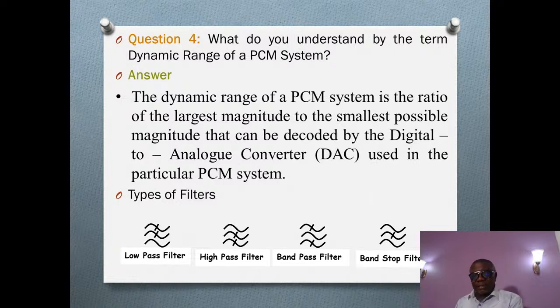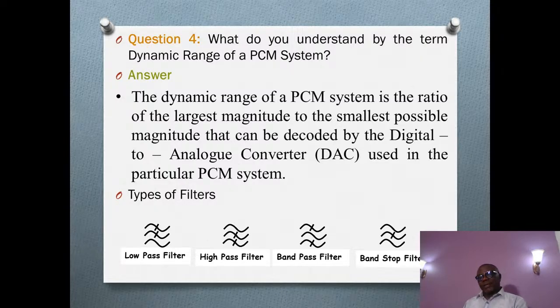And the fourth one is the band stop. So it will allow signals to pass from 0 to a particular point. It will not allow signal to pass until a certain point, and it will continue to allow signal to pass from certain points. So you see that the band stop is almost the reverse of the band pass filter.